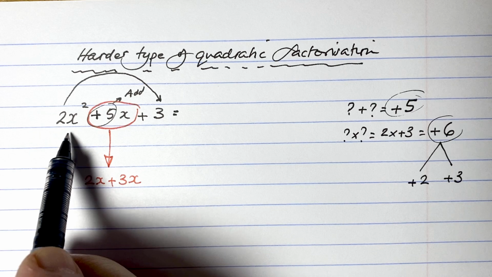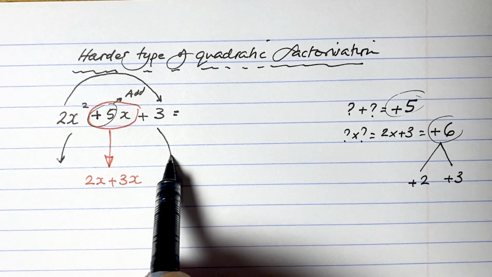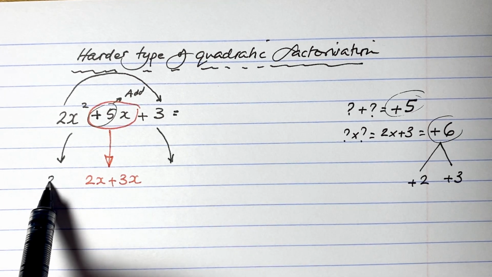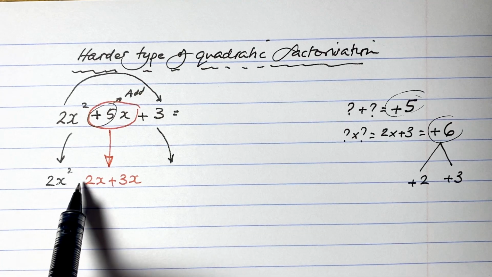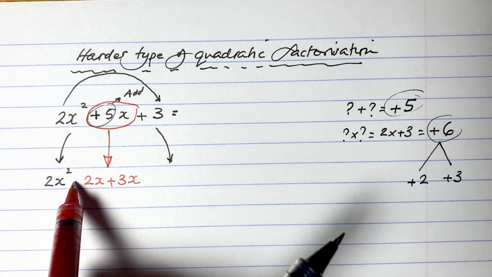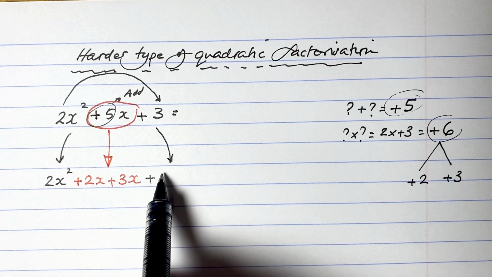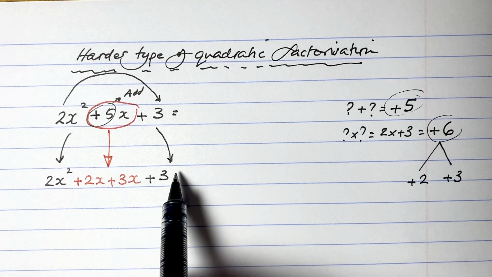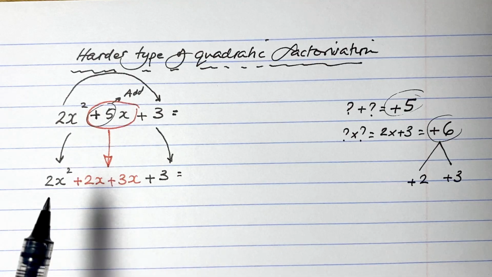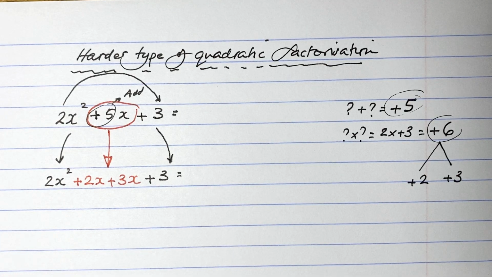And then you drop in the other two terms that you haven't written, so it becomes 2x squared plus 2x, of course I forgot to put the plus of 2x here, plus 3x plus 3. So what we did, we made the 3-term factorization into a 4-term factorization.